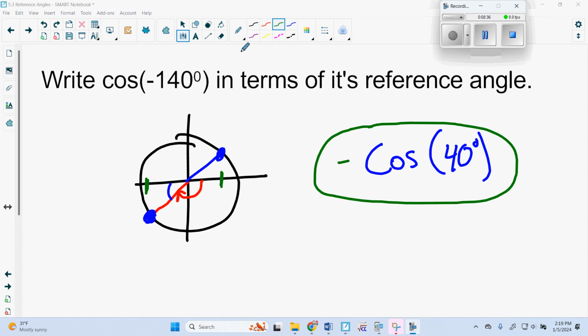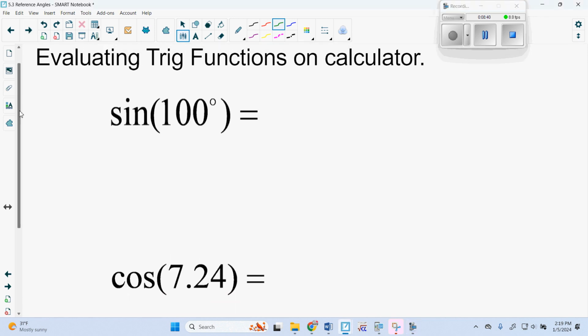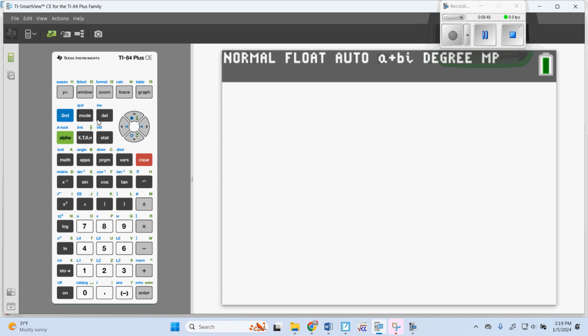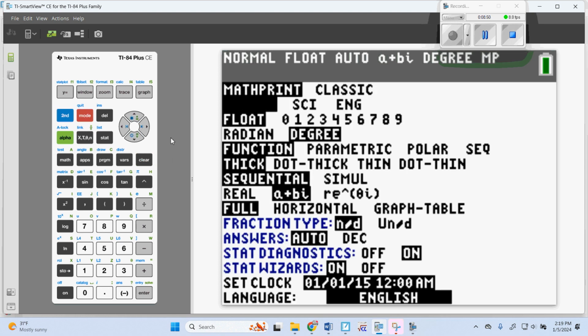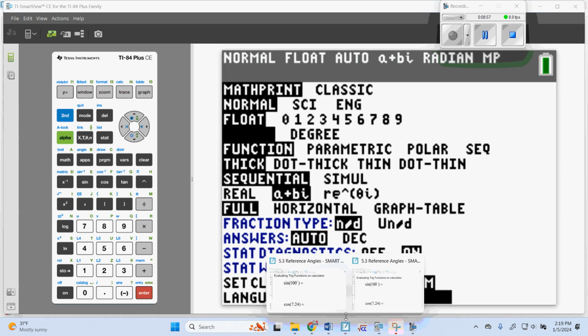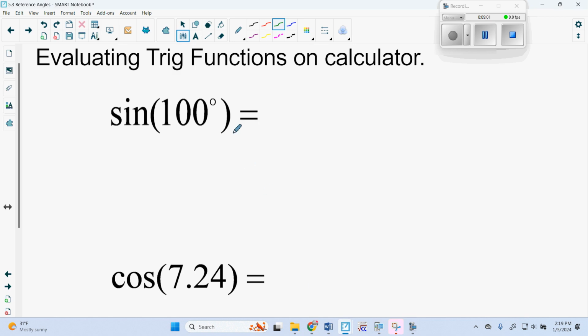The last thing we're going to talk about in this section is how to evaluate trig functions on the calculator. We really haven't talked about this a ton, but we do want to mention it. Once again, remember, if you're evaluating trig functions on the calculator, you have to make sure whether you are in radians or in degrees. If you have the sine of 100 degrees, you need to make sure your calculator's in degrees.